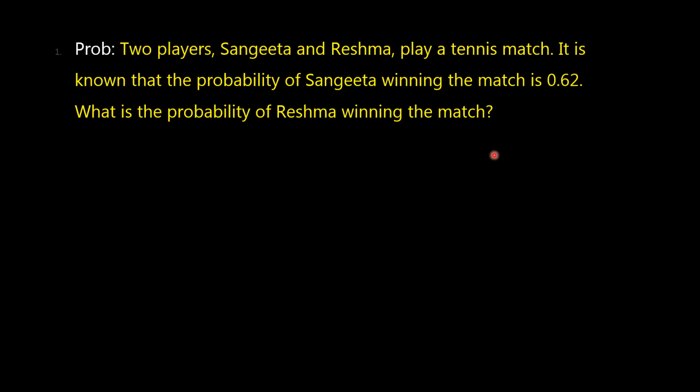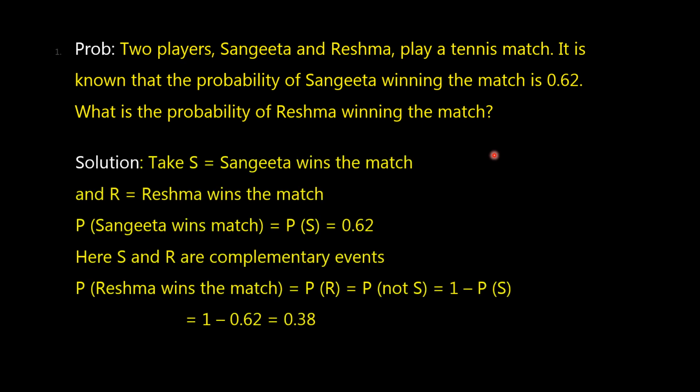Rashma won the match, means Sangeeta did not win the match. Suppose let me take S is Sangeeta wins the match, not S means Sangeeta did not win the match. R is Rashma wins the match, not R means Rashma did not win the match.